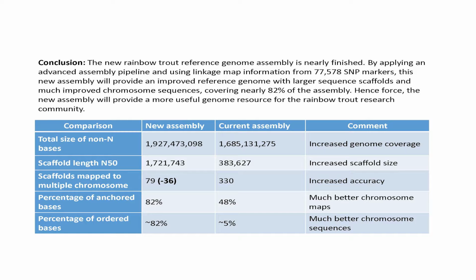That means we have a much better chromosome sequence than the current genome assembly. So the take-home message is that the first version of the new rainbow trout genome assembly is almost done. It's a great improvement over the current genome assembly. That's the message I want to share with you.